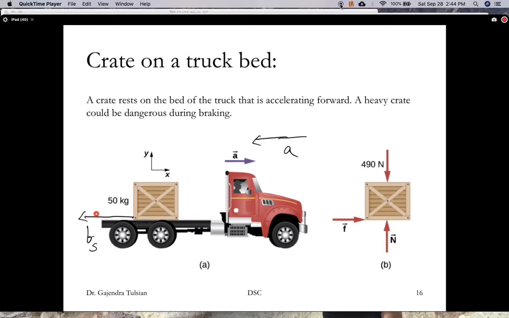And if this force needed is greater than the maximum value, then the crate will start sliding, and then the people in the cab are in danger. You already hit something in the front, and then this can come and crush you too. So you have to be real careful of that.